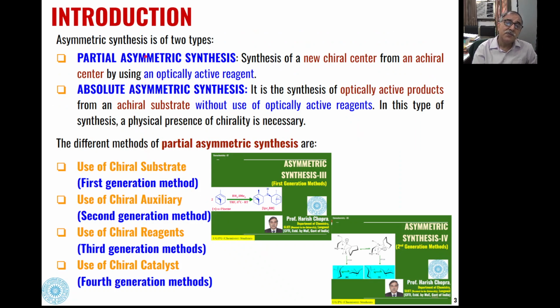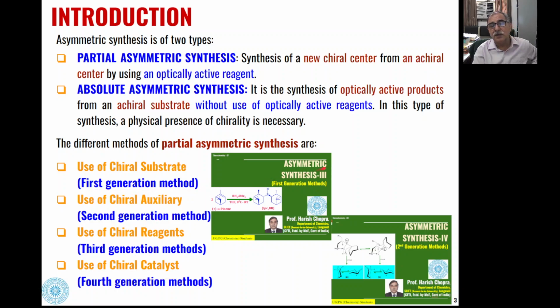Then this asymmetric synthesis can be of two types: partial asymmetric or absolute asymmetric synthesis, which we have already told you in our third and fourth lecture. And the methods which can be used for partial asymmetric synthesis can be by using chiral substrate or chiral auxiliary or chiral reagents and chiral catalyst.